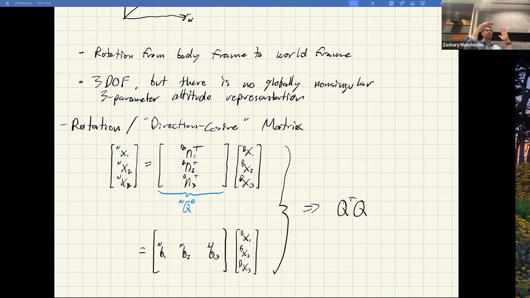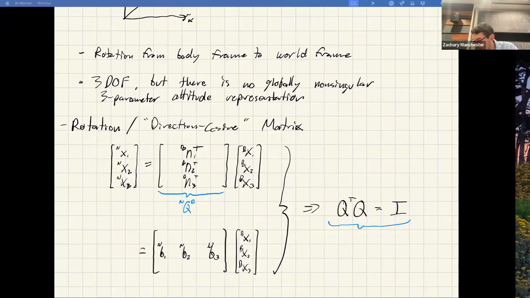So the diagonals are the basis vectors dotted into themselves, and they're unit norm, so those are all 1s. But any of the other pairs has to be 0 because they're orthogonal. Awesome. And this Q transpose Q equals I is the definition of an orthogonal matrix. It all makes sense. Orthogonal matrix means the column vectors of the matrix are all mutually orthogonal.